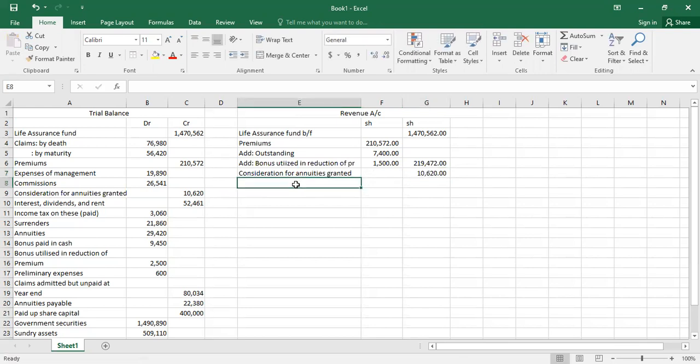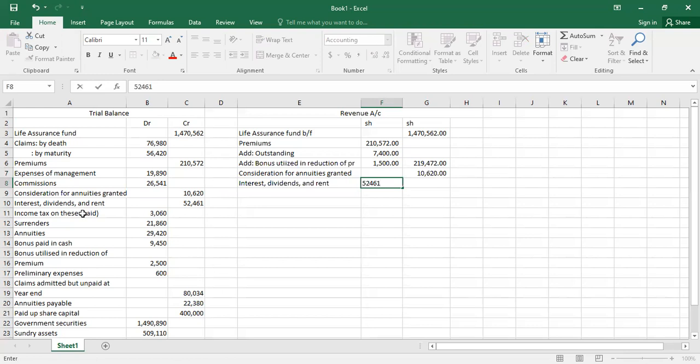Then from there we have the interest. I'm picking them as they come. It's good always to first check the adjustments before you come here. So interest, dividend, and rent, they are 52,461. Then from this, I need to deduct the tax, not the tax, I had the outstanding, right?